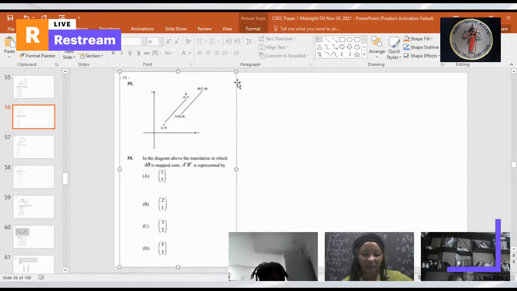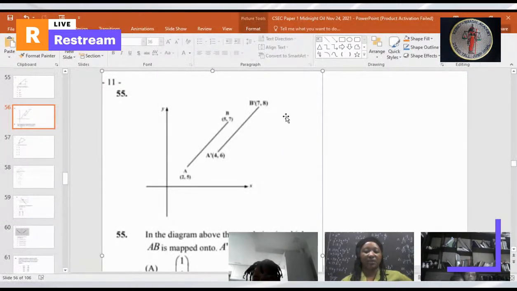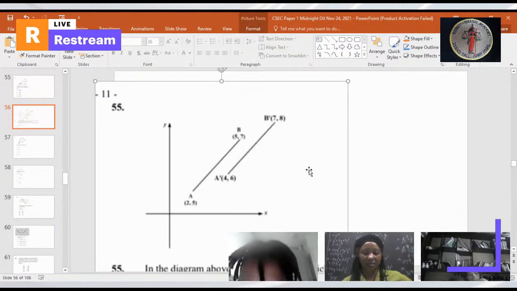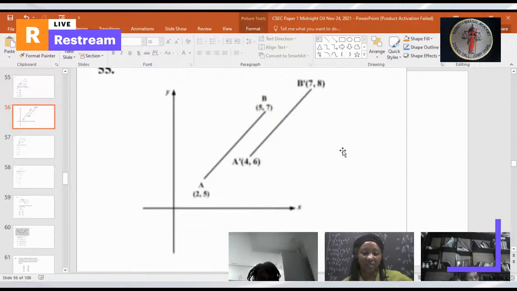All right, let me see if I can just expand it for the benefit of everyone. A is 2, 5, and A prime is 4, 6. So we're moving from 2, 5 to 4, 6.